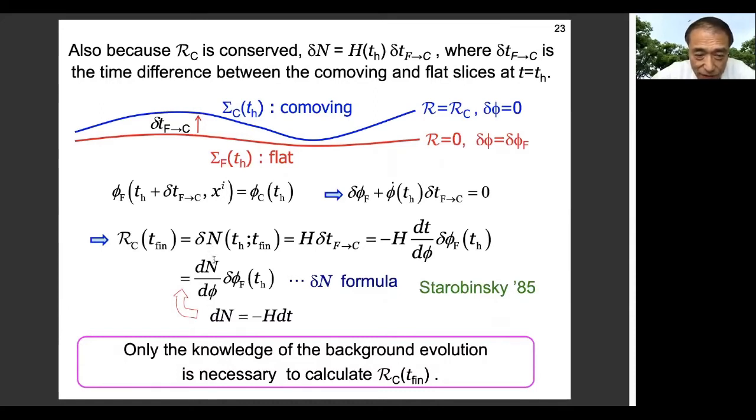As soon as you know how n is given in terms of phi, then you can compute the final curvature perturbation amplitude. This is the delta n formula at the linear level. Okay. Any questions so far? Is it okay?